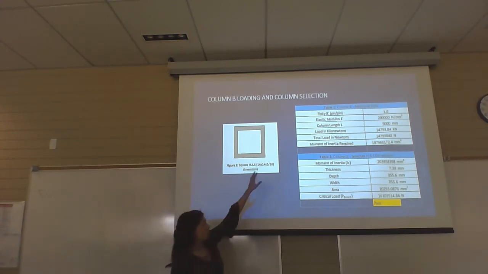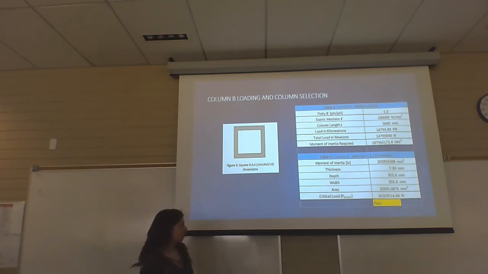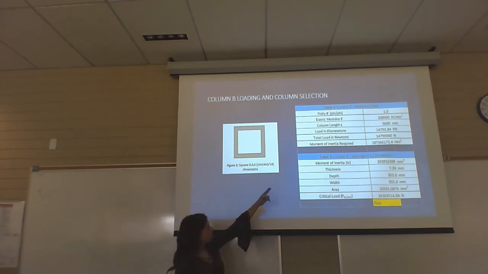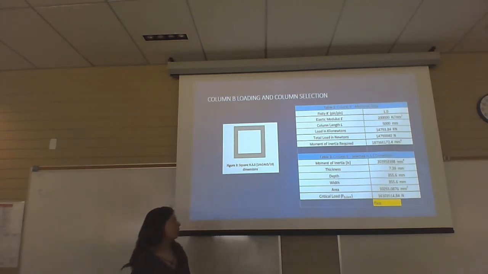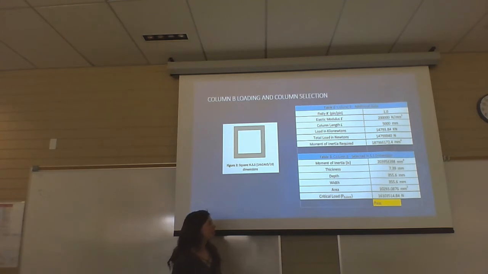Using all the values in this table and the weight of the floors, which was on the initial slide, we found the I value required here, and based on that we went to engineeringtoolbox.com and found hollow steel tubing that was the appropriate size and had an I value just bigger than what we needed.